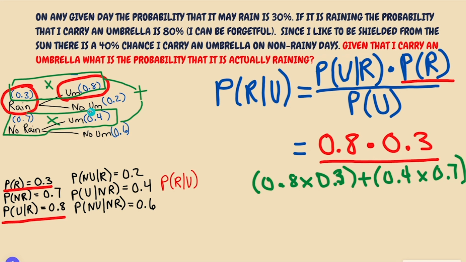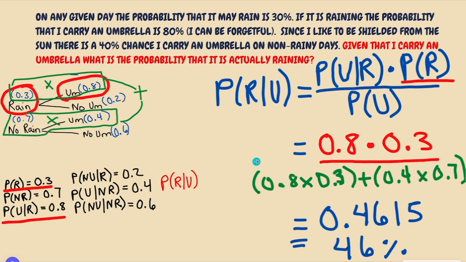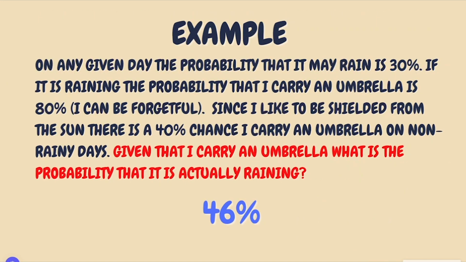So my denominator is going to be these two numbers multiplied together, which is 0.3 times 0.8, since that's when I can carry an umbrella, plus these two numbers multiplied together, which is 0.7 times 0.4. I now conclude that there is a 46% chance, given that I carried an umbrella, that it is actually raining.